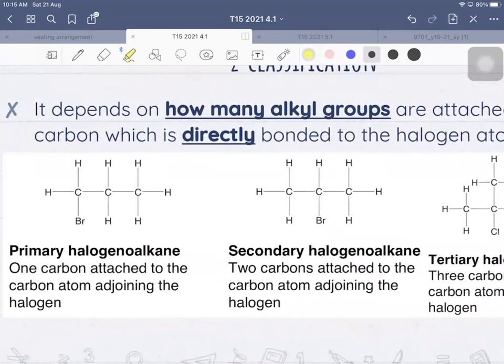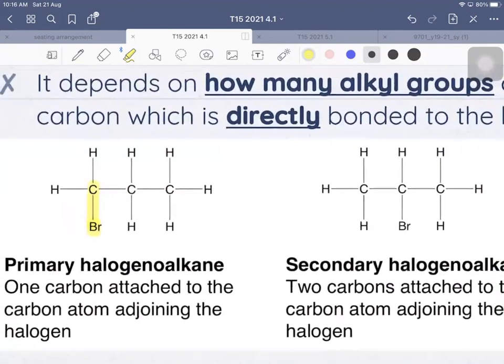But here you want to look at where your halogen is, so that's your bromine, and you look at that carbon, the one highlighted in yellow. You want to count the number of alkyl groups attached to the highlighted carbon, directly attached, because that carbon is where your halogen is sitting.